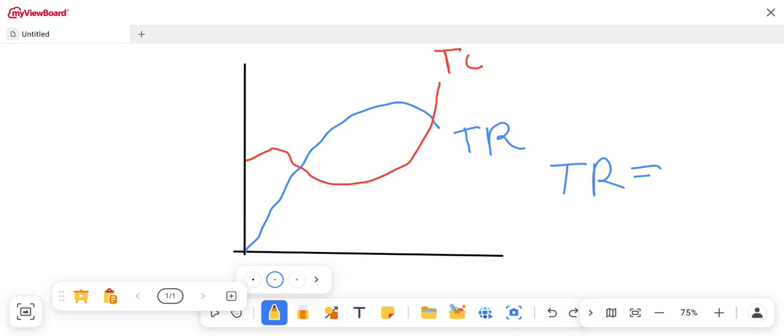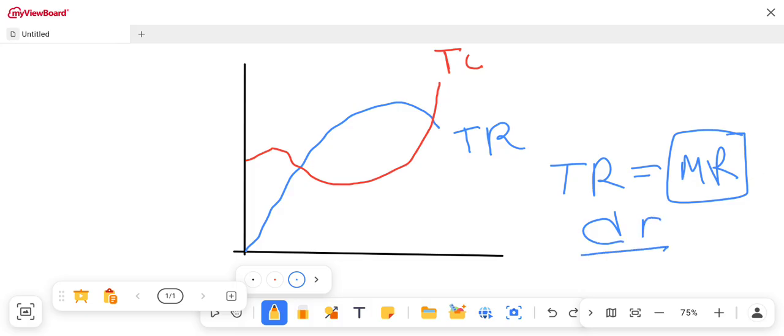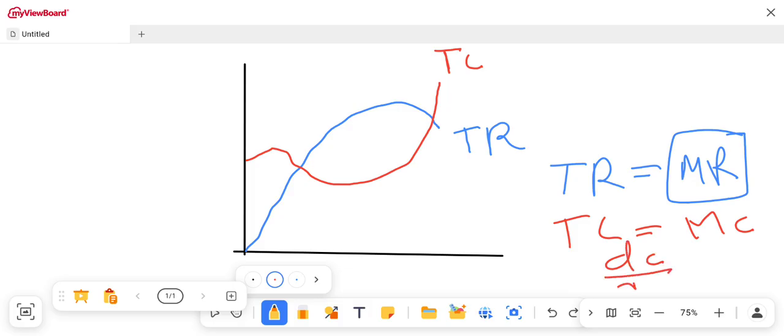We get marginal revenue, which is represented as dR upon dy, change in revenue upon change in quantity demanded. So it is the rate of change or slope. And now we will differentiate TC and we will get marginal cost. We know that marginal cost is dC upon dy, change in cost upon change in quantity demanded.